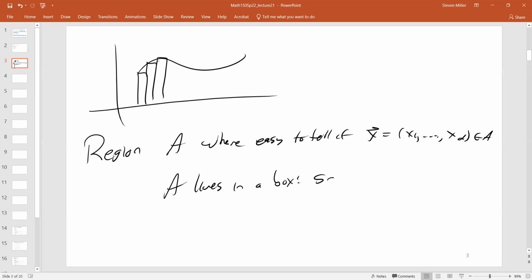For simplicity, let's assume it's 0, 1 to the D. So this is the D-dimensional hypercube. What should the volume of the D-dimensional hypercube be? 1. And so when I have some region A and I'm trying to calculate the volume of A, I'm asking what fraction of this hypercube it fills up.